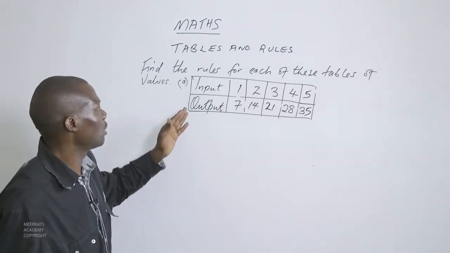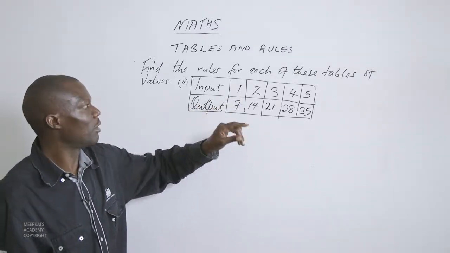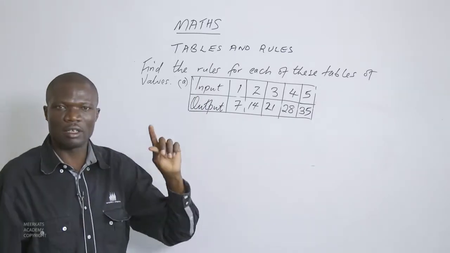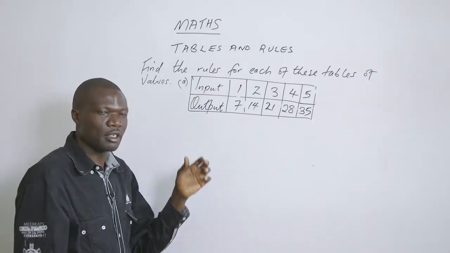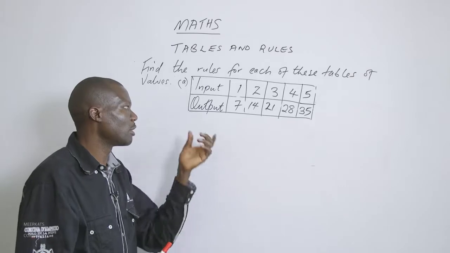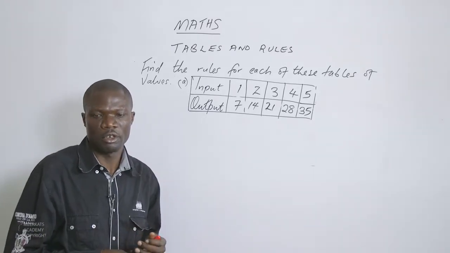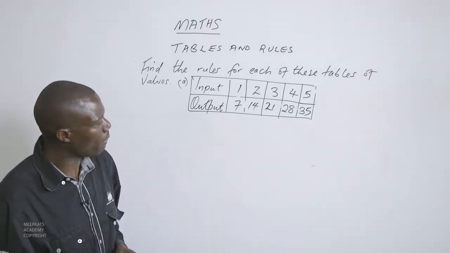Now we have the question for the table that we have. Find the rule that dictates the flow of information on this table.